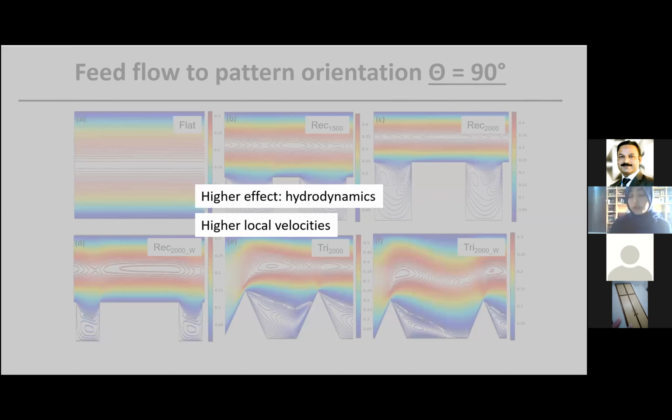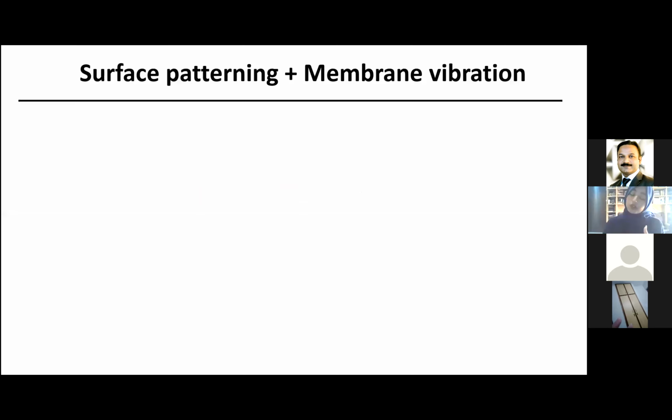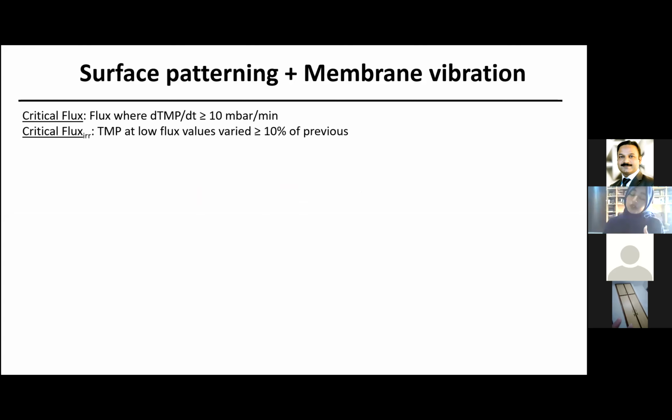So further, the fouling potential was studied by hybridizing this patterning with module vibration. Vibration of the module was another technology which we had in our lab, and we combined it with surface patterning of our membranes in membrane bioreactors. Similarly, total critical flux and critical flux for irreversibility were determined for these PVDF membranes.